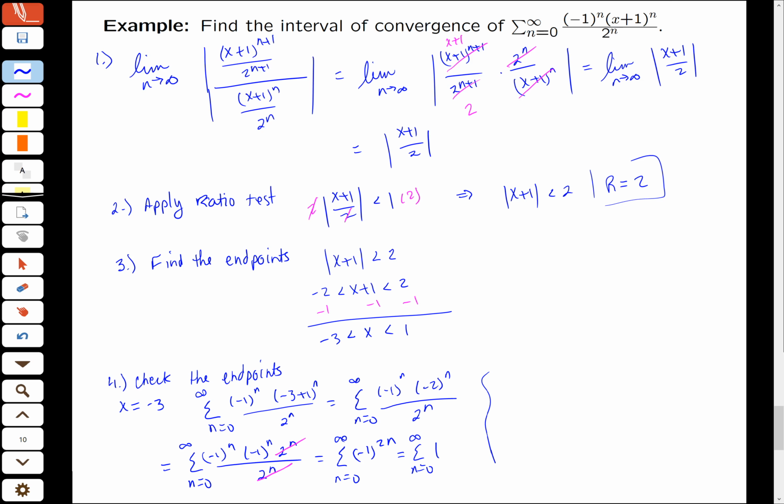What is the summation of 1? Infinite number of times. Infinity. So this diverges. Diverges by nth term, actually. The limit as n goes to infinity of 1 is not equal to 0. You guys had one like that on the test, if you recall, except I think it was a 2.